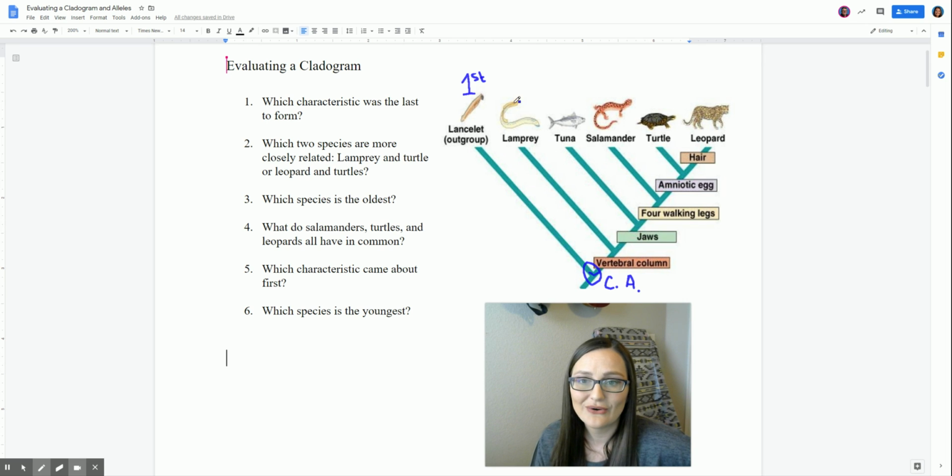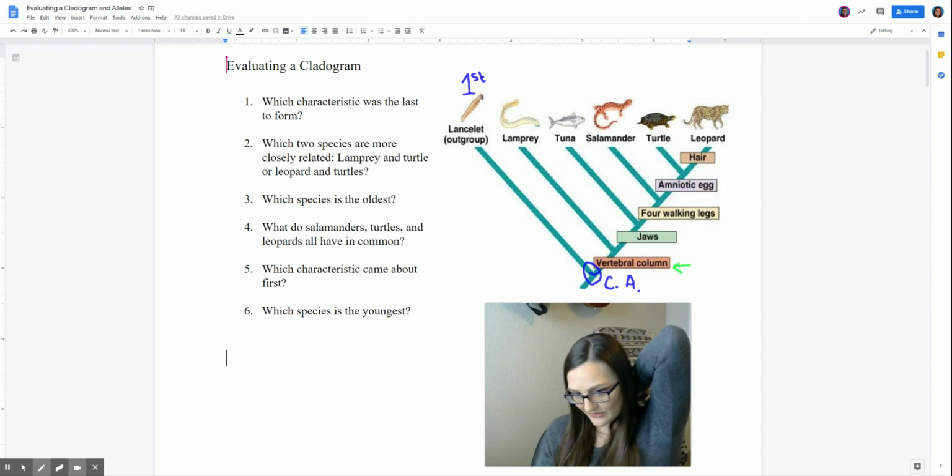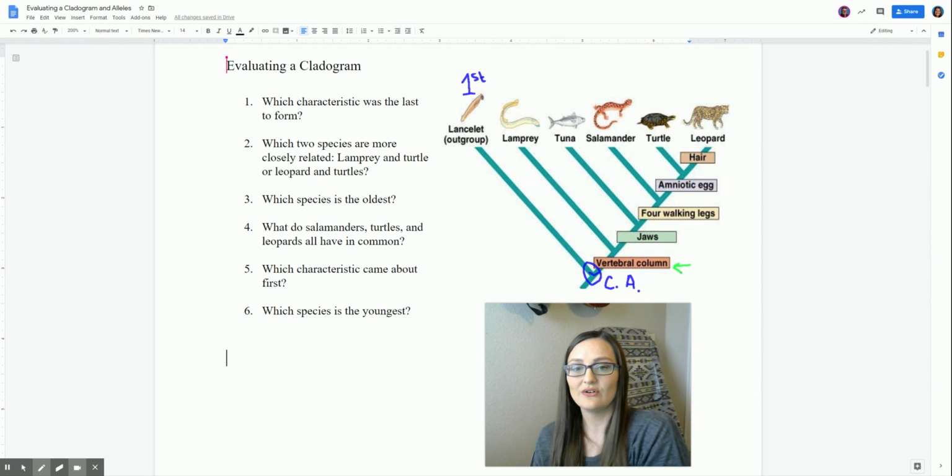Okay, so the lamprey, what's next? So the lamprey, the tuna, the salamander, the turtle, and the leopard, they all have something in common. And that would be this vertebral column right there. What's a vertebral column? You have a spine, yes?